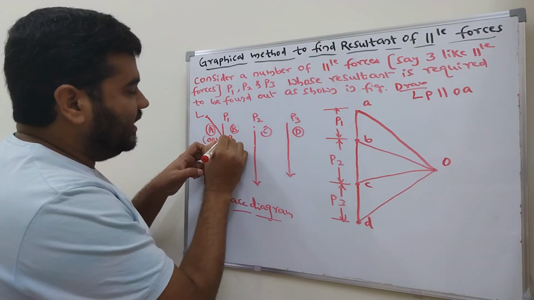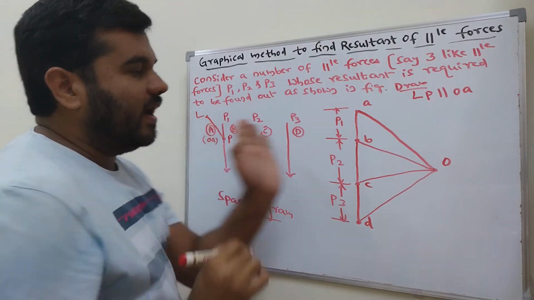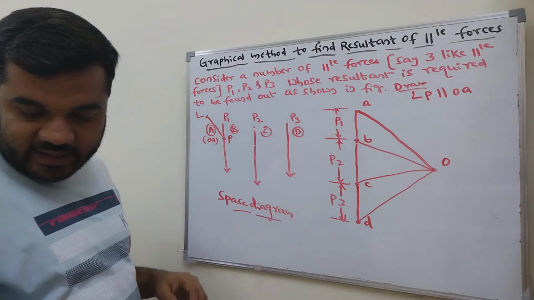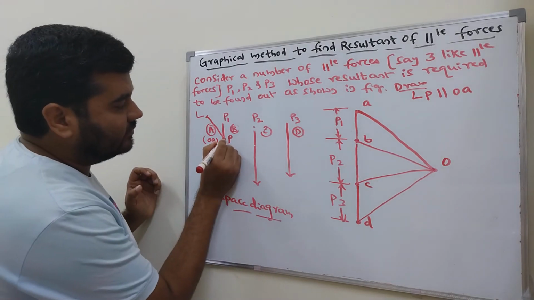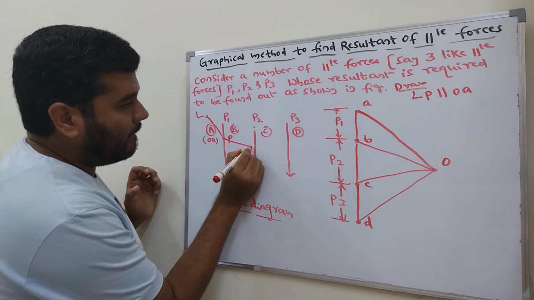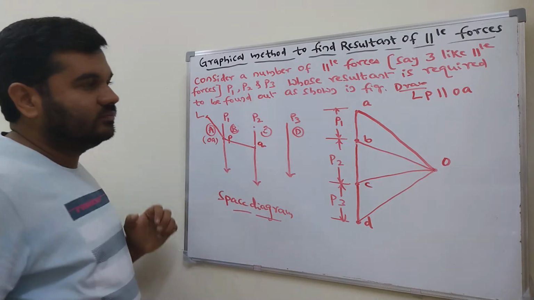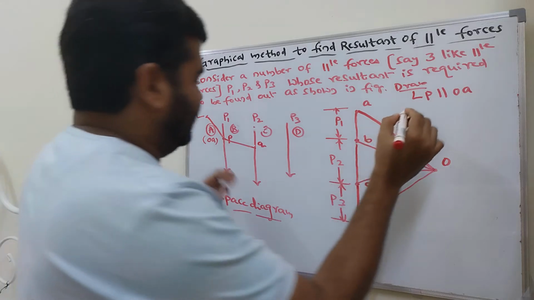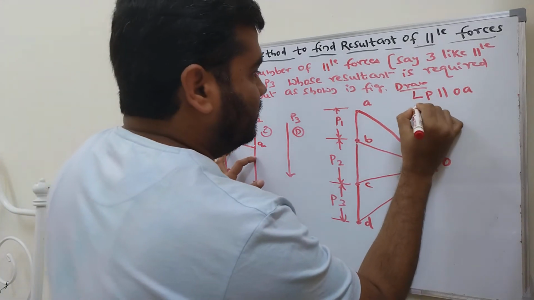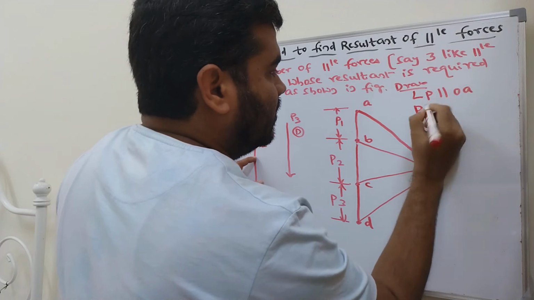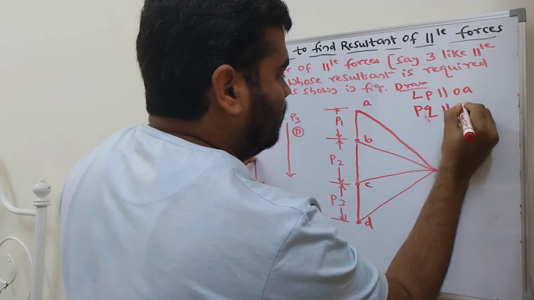Now start from P and draw a line parallel to OB. This is P, this is Q. That is PQ parallel to OB.